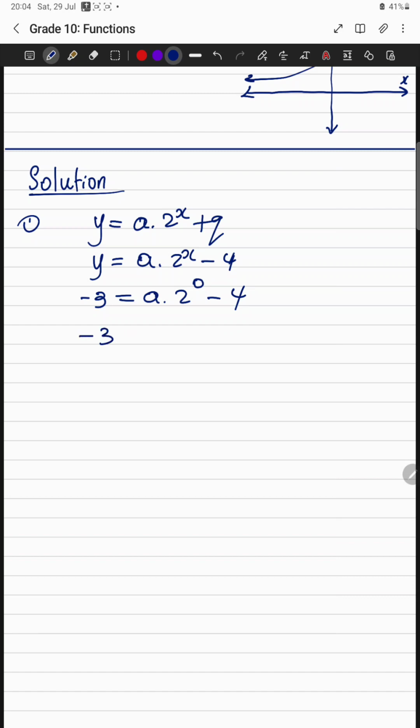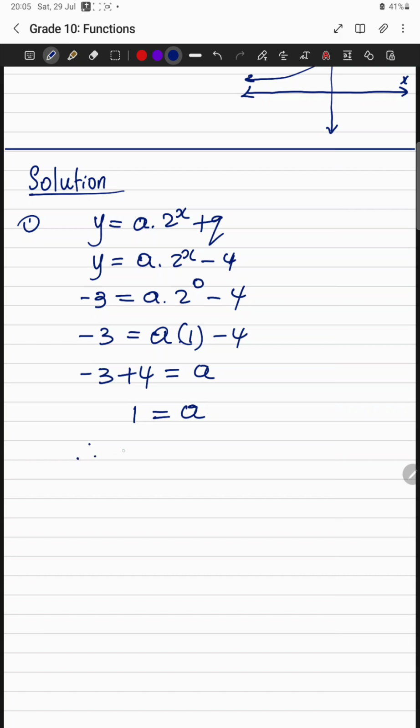So we just drop -3, and then we're going to have a times any number raised to the power 0, it is 1, and then -4. We just take 4 to this side, and then we change the sign, negative becomes plus. It must be a. So 4 minus 3, which is positive 1, which is equal to a.